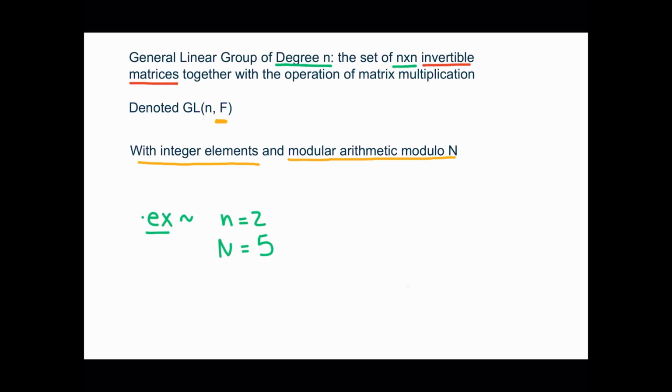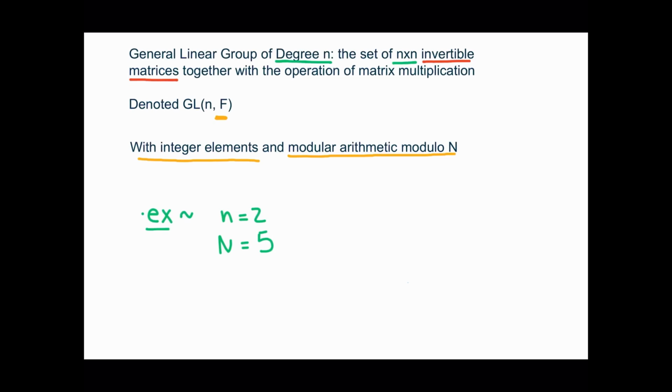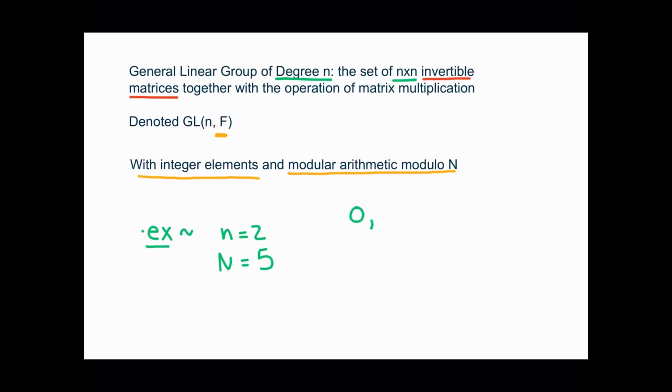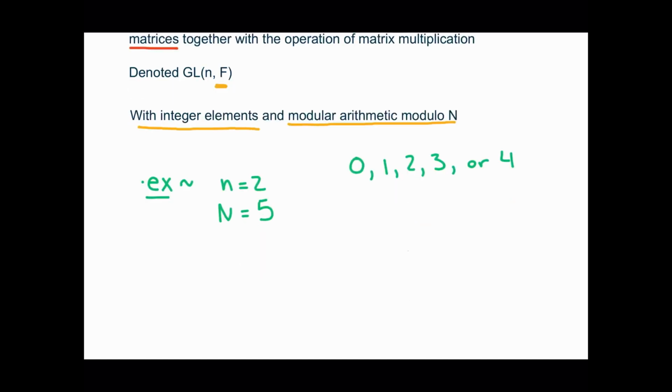If I take any integer mod 5, the only results that I'm going to get are 0, 1, 2, 3, or 4. Why is this? Well, let's say I evaluate the expression 25 mod 5.